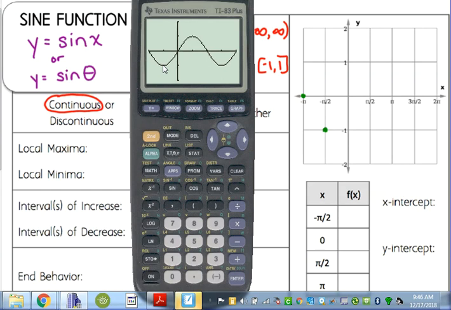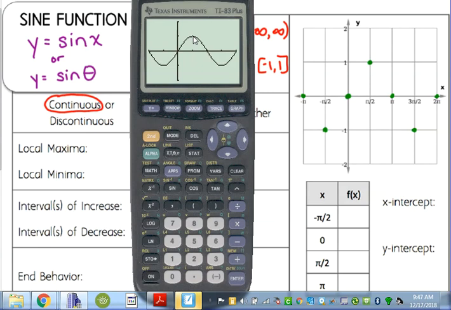At the origin, x equals 0, y equals 0. At pi/2, that first tick mark on the positive side of our axis, we hit the maximum of +1. At pi, we're crossing the x-axis again. At 3pi/2, we're hitting the minimum. And at 2pi on the right side, we're back at the x-axis.